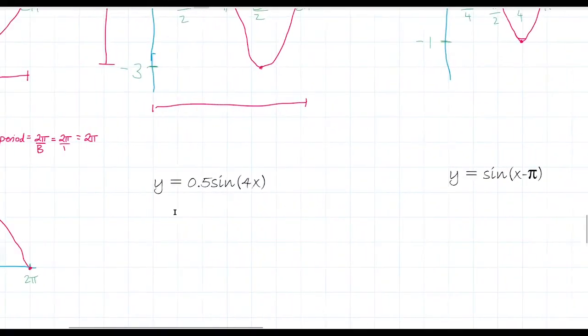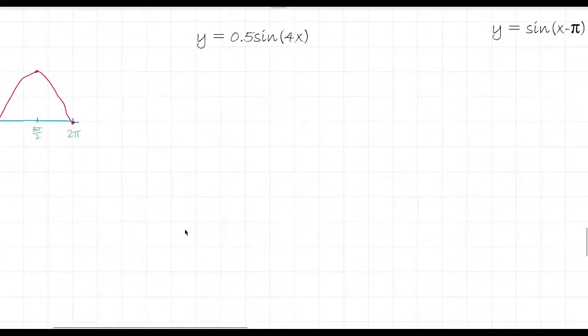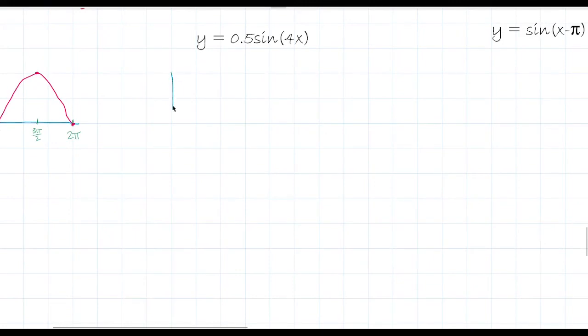Let's look at this example where we have y equals half sine 4x. By now we know how to do all the different things, so let's just draw that in. Our amplitude is half or 0.5. Our b value is 4.